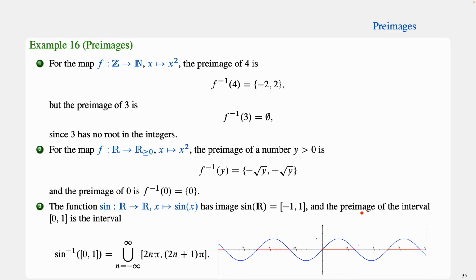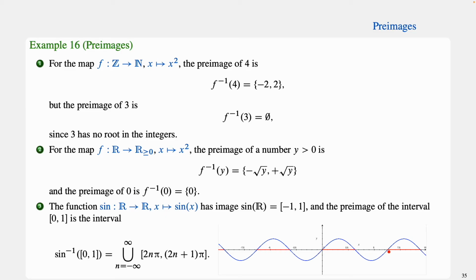And now I ask, what is the pre-image of the interval from 0 to 1? So I ask, what is the pre-image of this interval on the y-axis going from 0 to 1? So I look for all the real numbers that, if I plug them into the sine, will take a value that lies between 0 and +1. And I've indicated this here in the graph a little bit. I hope it's clear to see. These are the red intervals.